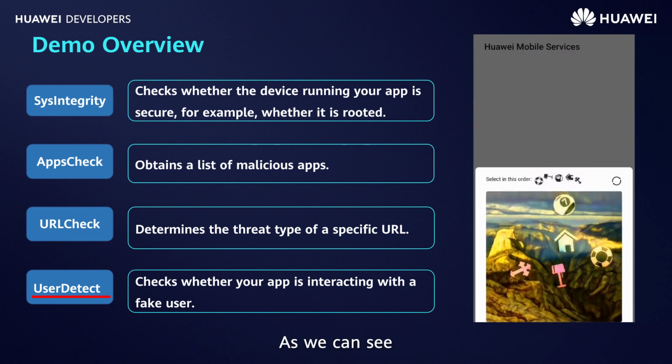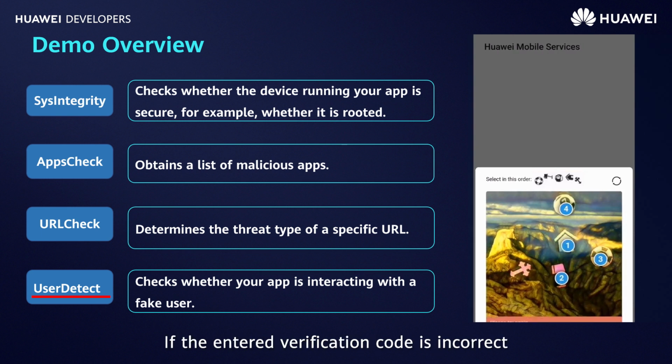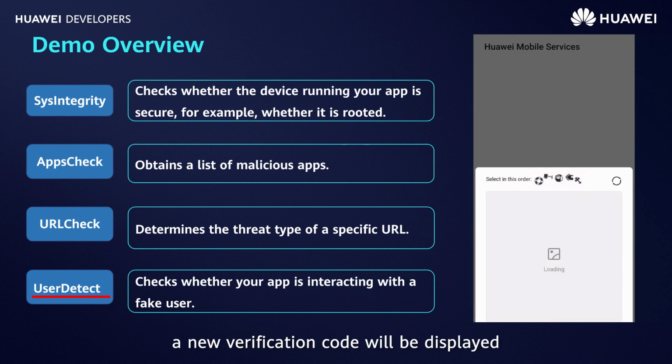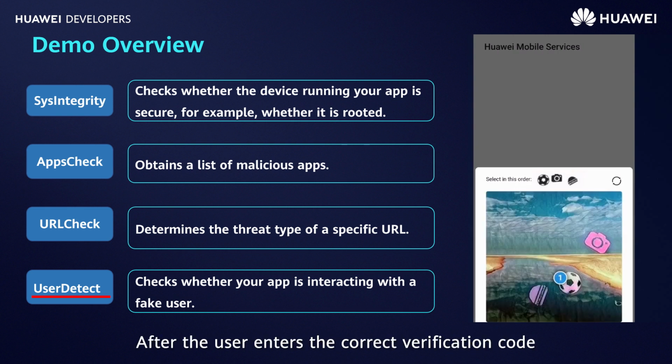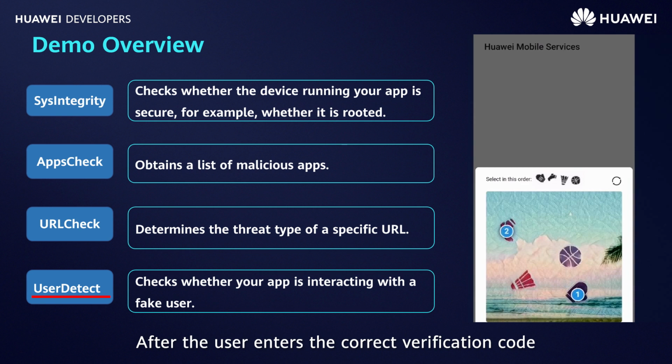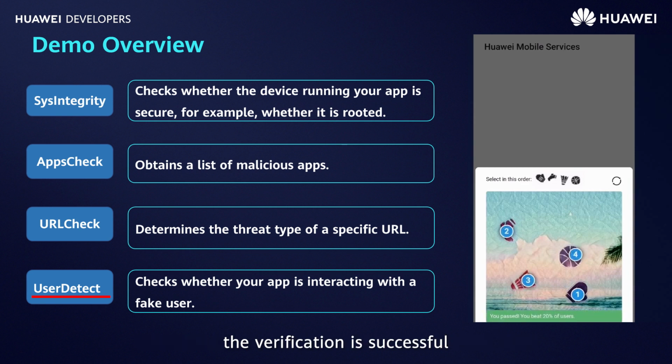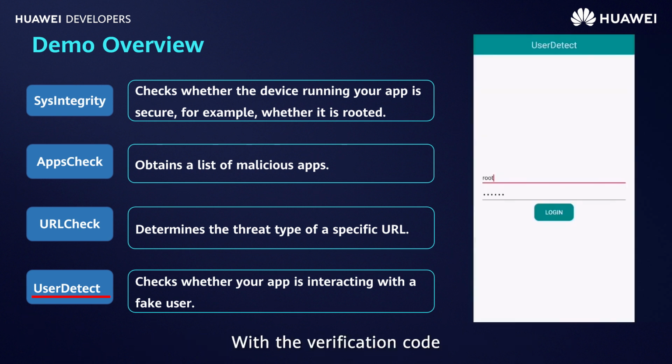As we can see, a verification code pop-up is displayed. If the entered verification code is incorrect, a new verification code will be displayed. After the user enters the correct verification code, the verification is successful. With the verification code, we can ensure that our app is interacting with a valid user instead of a robot.